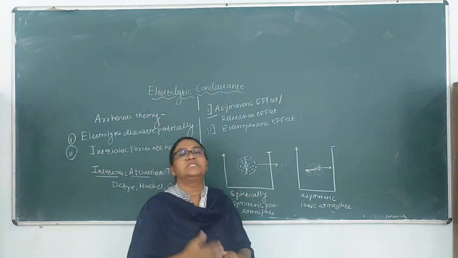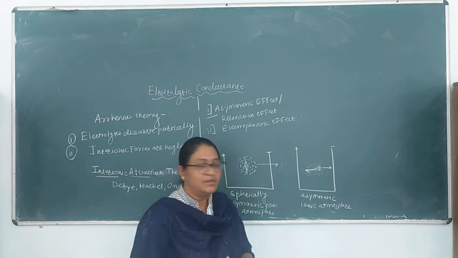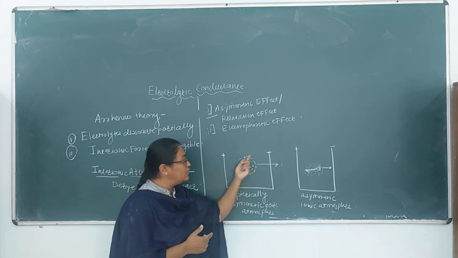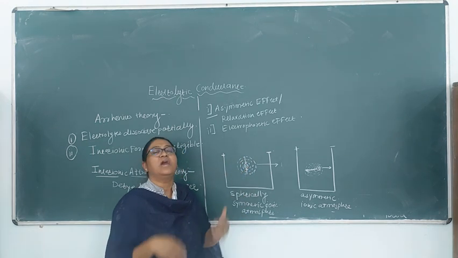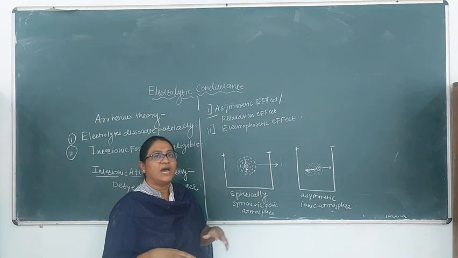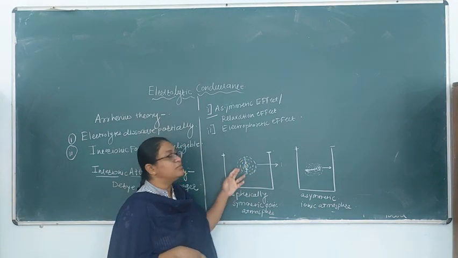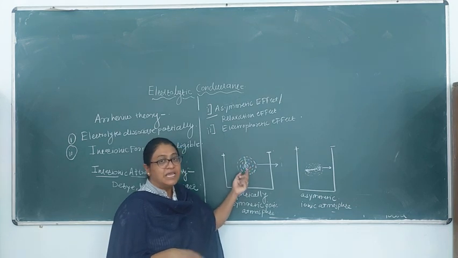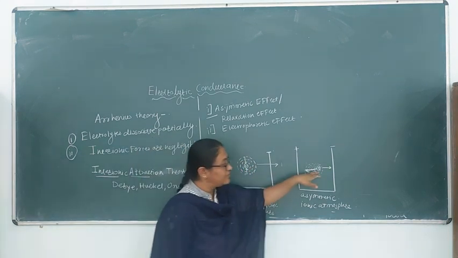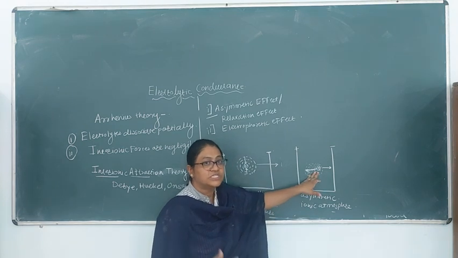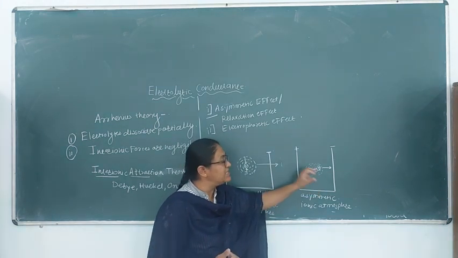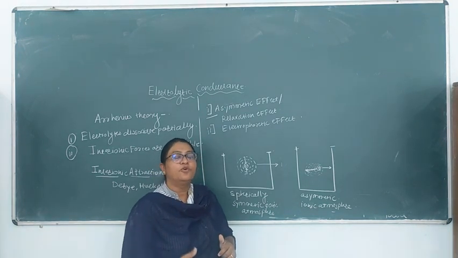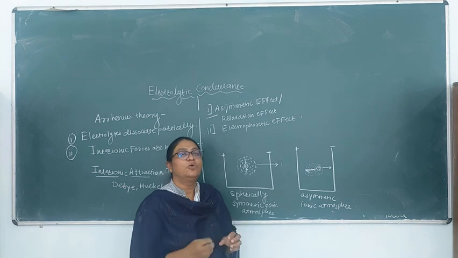On increasing the concentration of the strong electrolyte, as we have seen, the density of these surrounding charges increases, because more ions are available, and so there is more ionic atmosphere, with more density of oppositely charged ions. The more the density, the more the net backward pull will be experienced by the central ion.